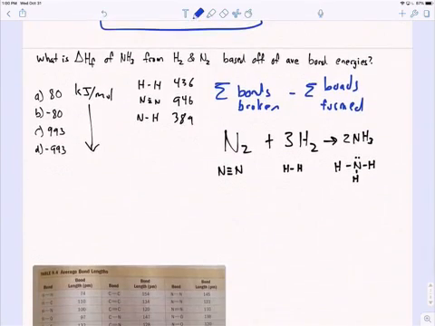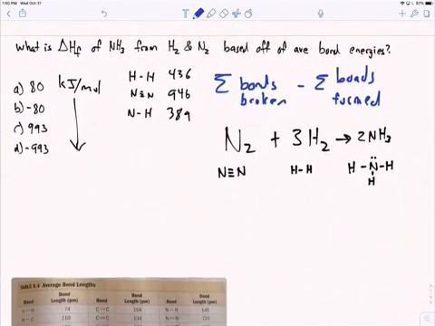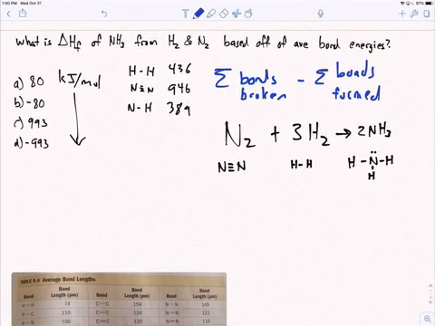All right. What is the heat of formation of ammonia from hydrogen and nitrogen based off of the average bond energies? Let's see if we can figure this out.